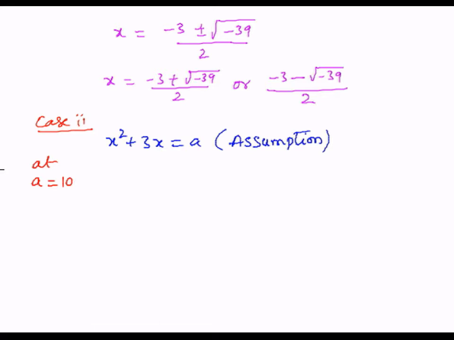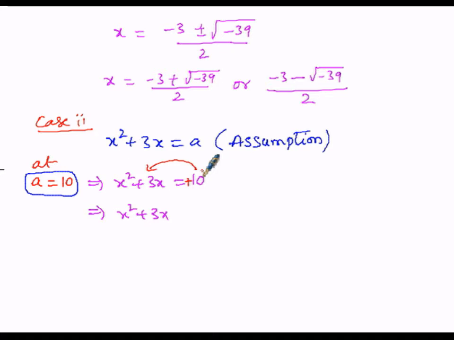In the second case we are going to substitute a as 10, then that implies x square plus 3x is equal to 10. By transposing positive 10 over to the left hand side, plus 10 becomes minus 10, then that is equal to 0.